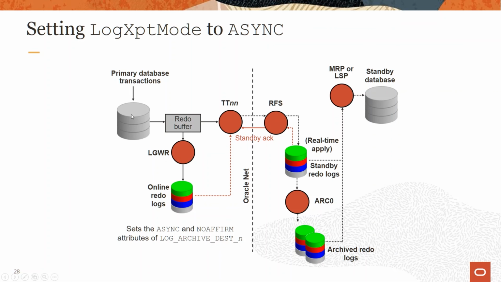So every time you issue a commit from the primary database, as long as your redo for the committed transaction is written to disk locally, then we can complete the commit statement instead of waiting for synchronous redo delivery to a physical or logical standby database. So it maintains good performance of primary database transactions.